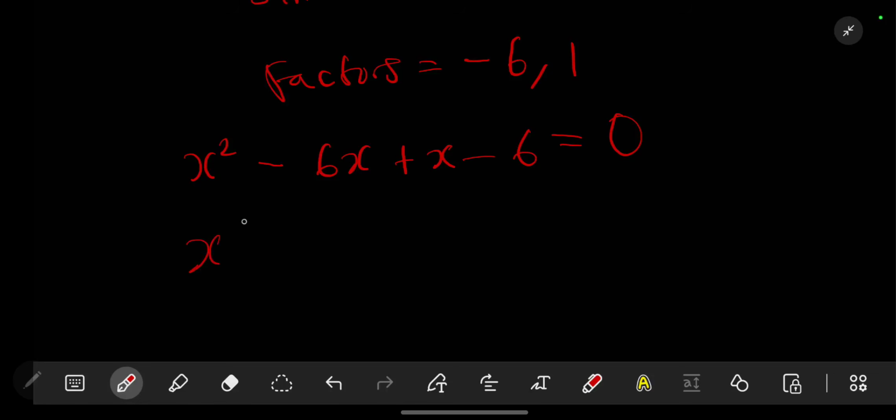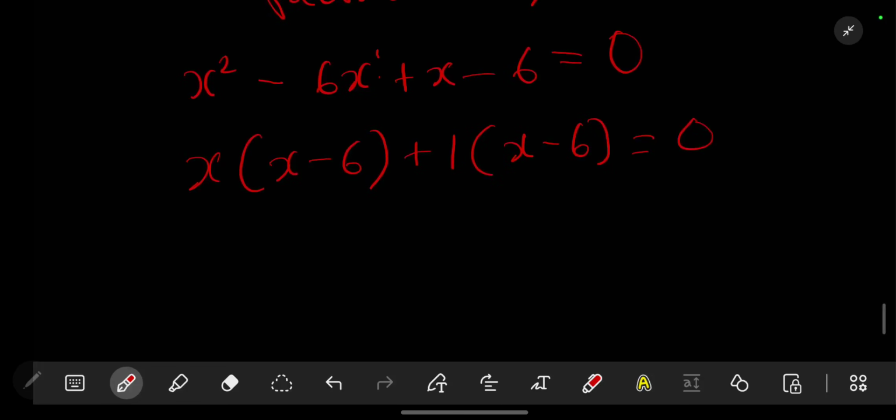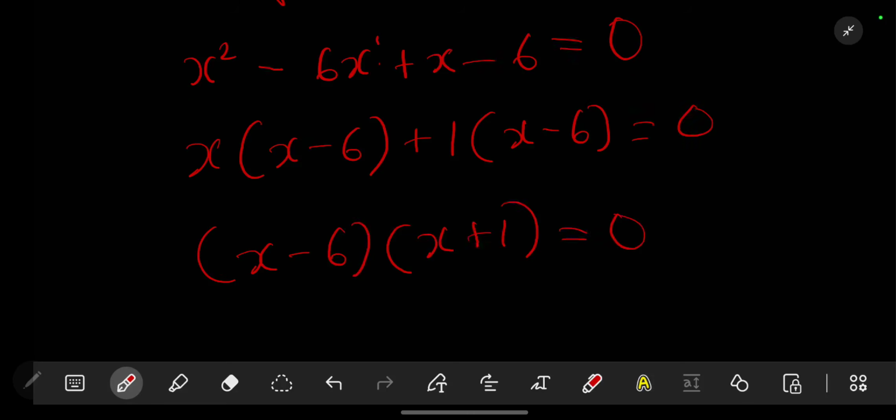We have our x is common, just in pairs. X is common there, so we have our x minus 6 plus 1. Then what we are remaining with here is 1 is the one that is common, so we have our x minus 6 should be equal to 0. Picking the brackets, we have our x minus 6, we have our x plus 1 should be equal to 0.